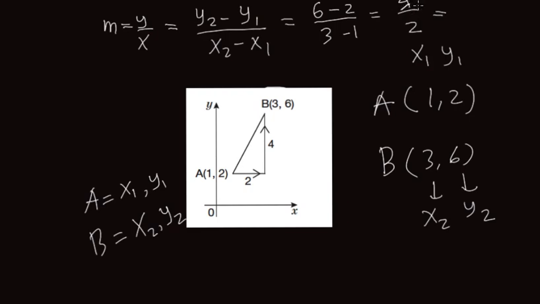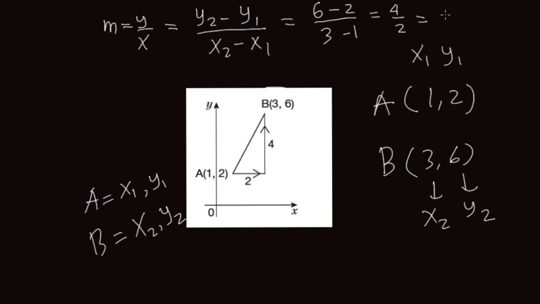Sorry, this is 4. 6 minus 2 is 4, over 2.